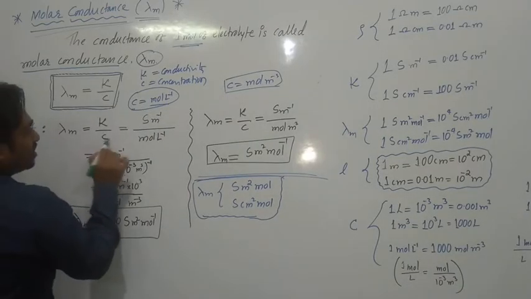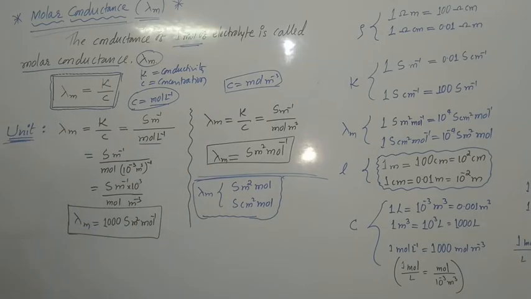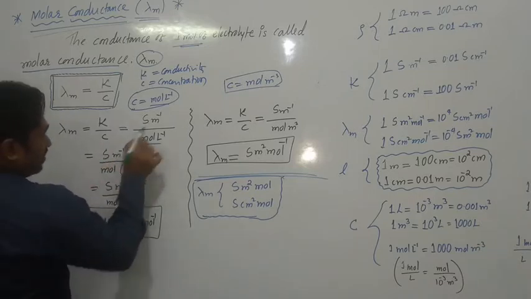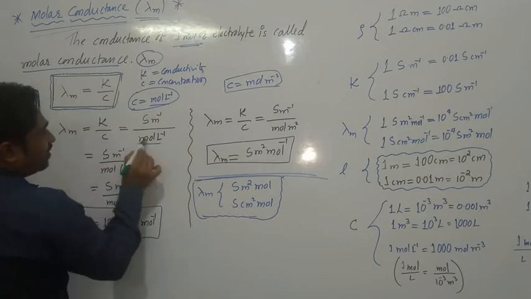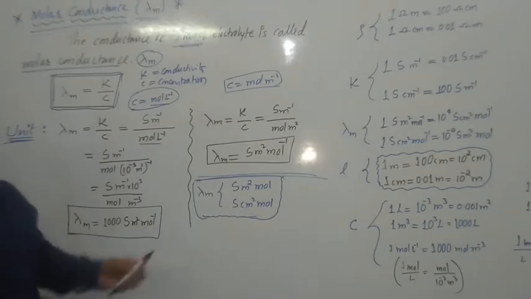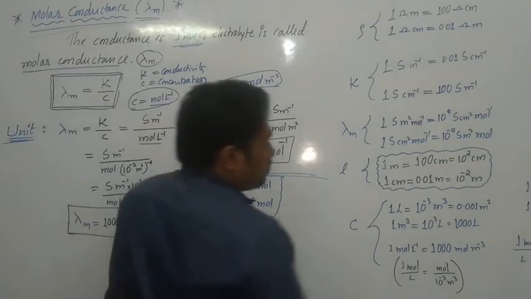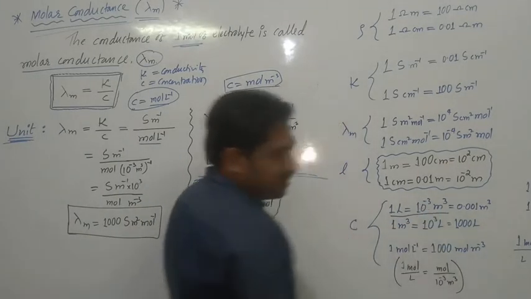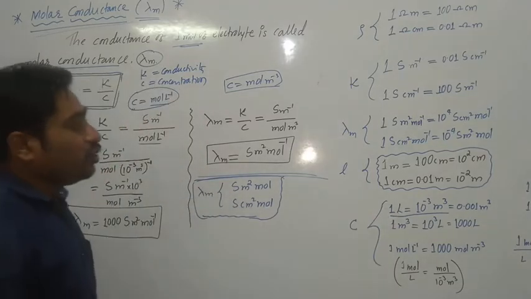Now I will take the concentration in terms of mole per liter. The unit of kappa is Siemens per meter, divided by mole per liter. So I must know that 1 liter is equal to how much? 1 liter is equal to 10 to the power minus 3 cubic meters.